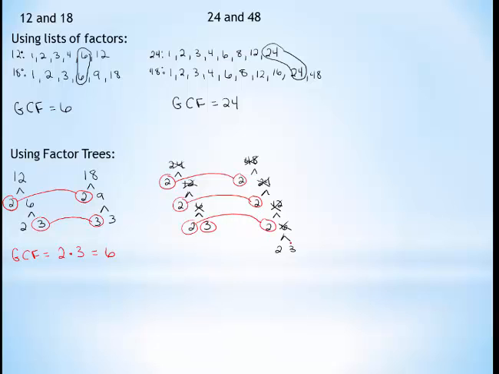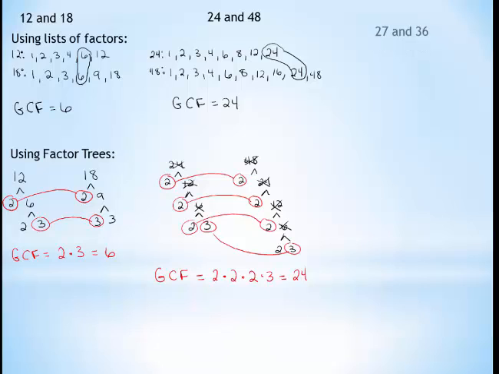And finally, they have a 3 in common. So my greatest common factor is going to be 1, 2, 3 2's and a 3, and when I multiply those together, I have 4 times 6, which is 24.